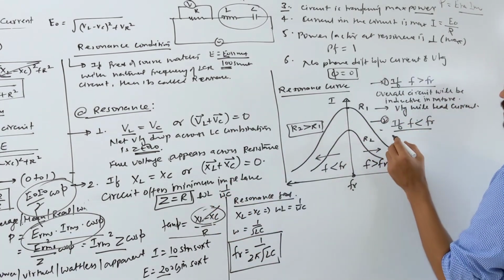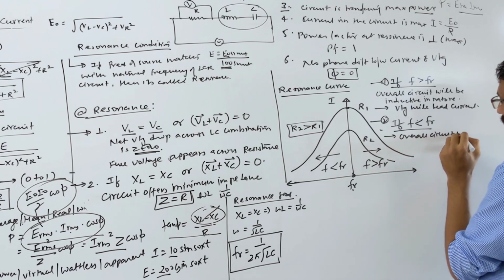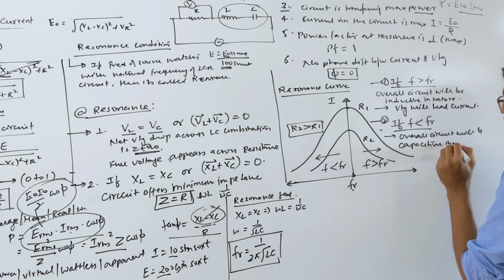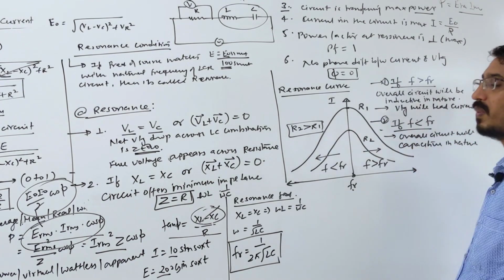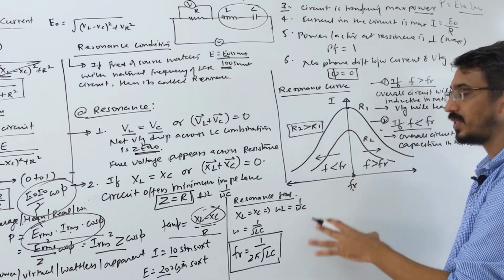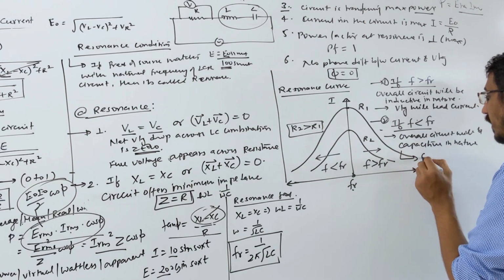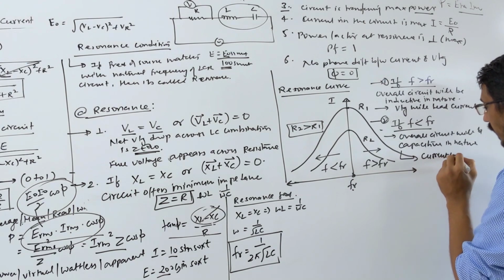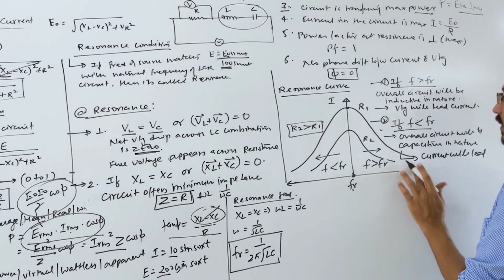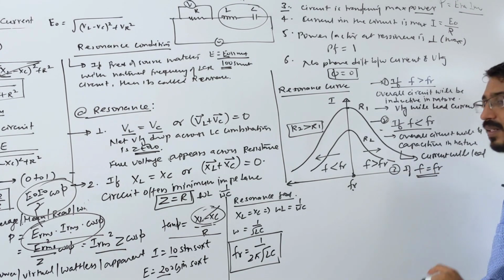In this case, overall the circuit will be capacitive in nature. And who will lead here? Obviously, please write that current will lead.